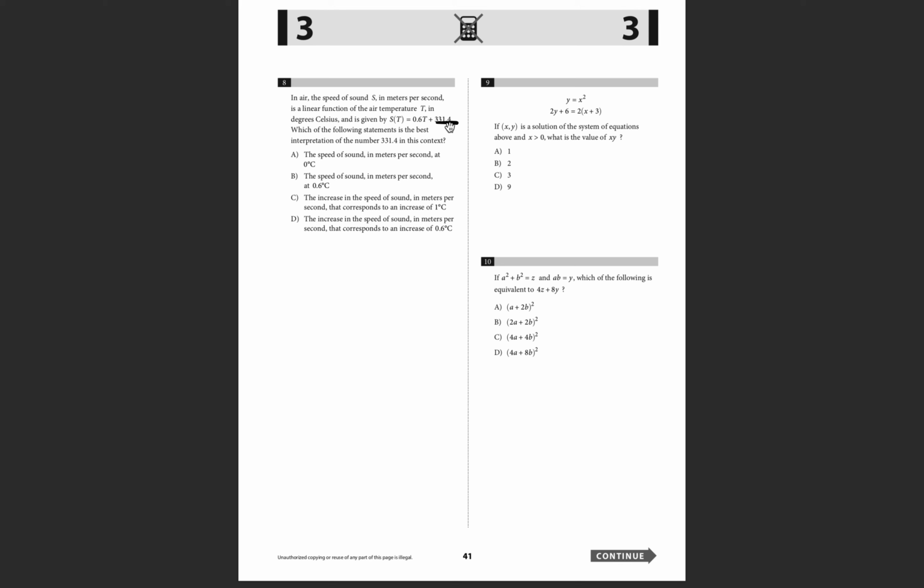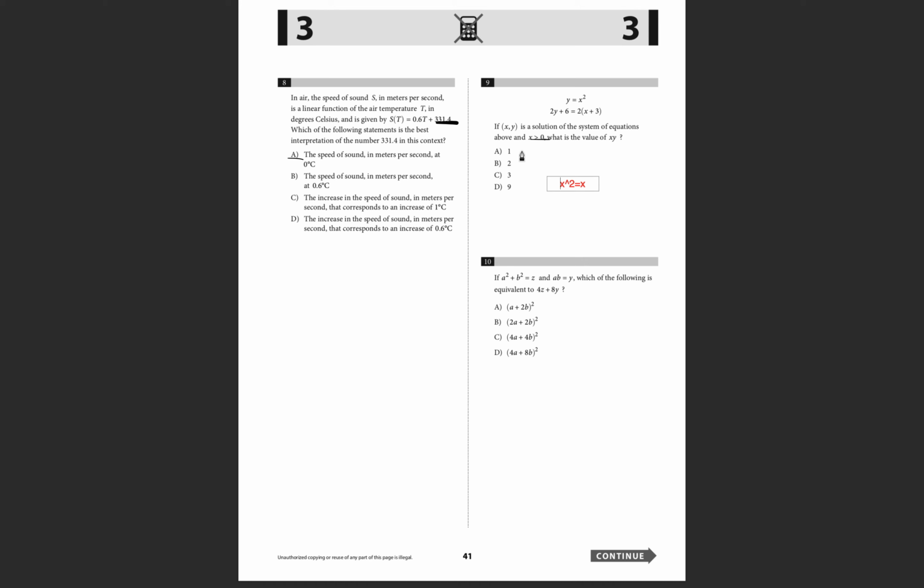So first of all, you just plug in the first equation into the second, and you get 2x squared plus 6 equals 2x plus 6, and the 6s cancel out, and you get this equation, and both 2s also cancel out.